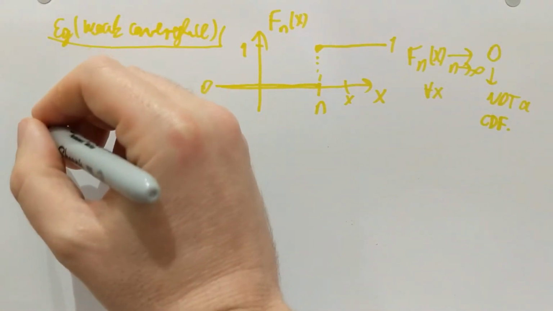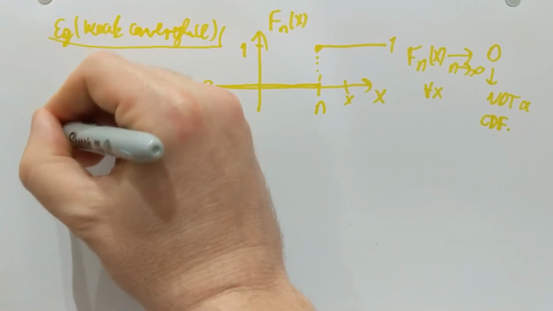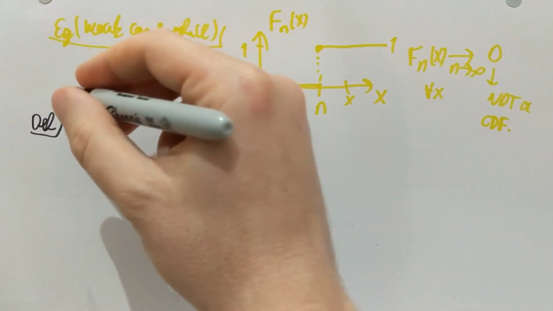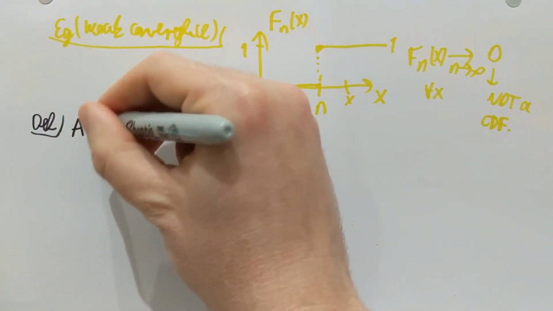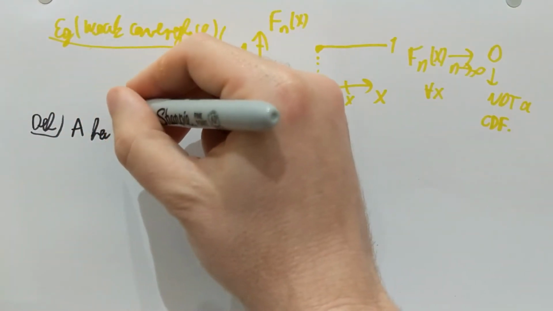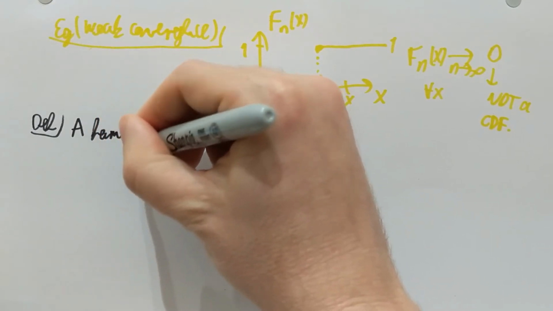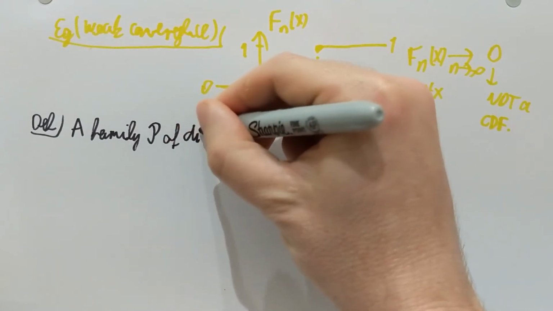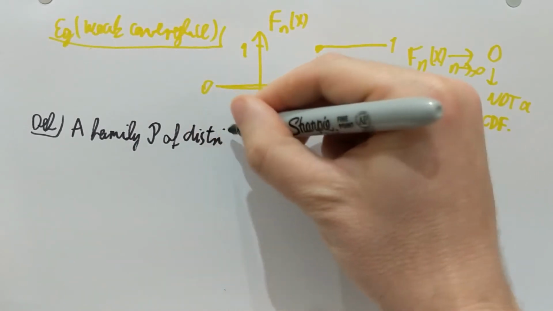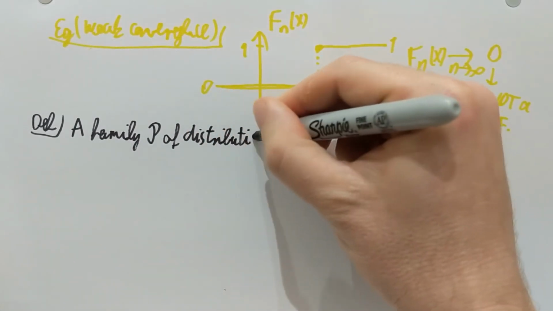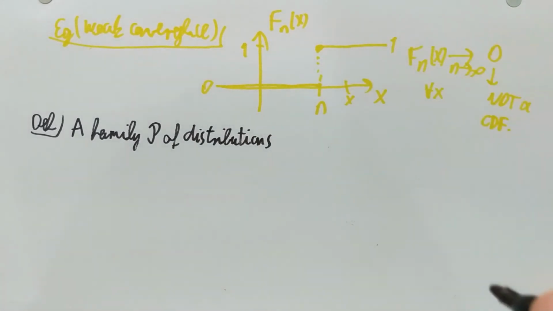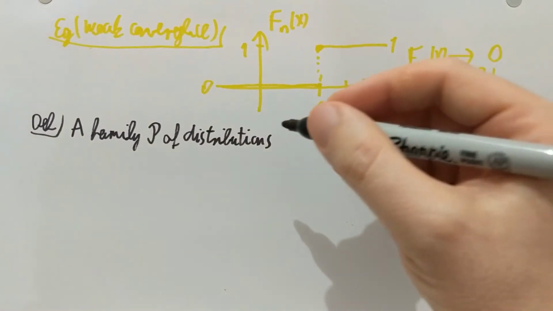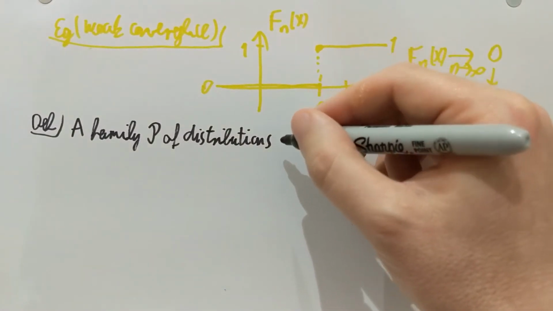Okay, I need to make two definitions for now. The first definition is about relative compactness. So suppose I'm given a family of distributions, which I'm going to denote by P. And by distributions, I always understand distributions on R, so these measures mu on R, which are one-to-one with the distribution functions.